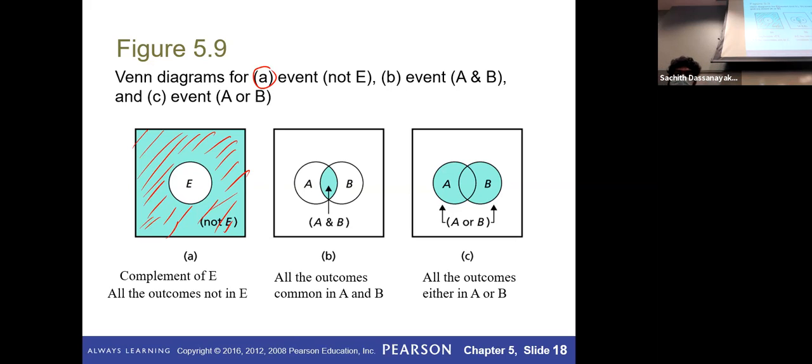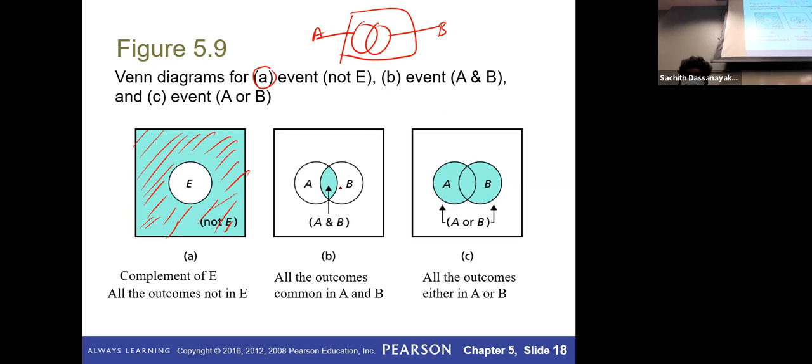Next one, events A and B. If we have two events or more, we normally draw it with an intersection, if they haven't specifically mentioned that there are no intersections. Or you can draw it as I mentioned before, this is my B, this is my A. That's fine.